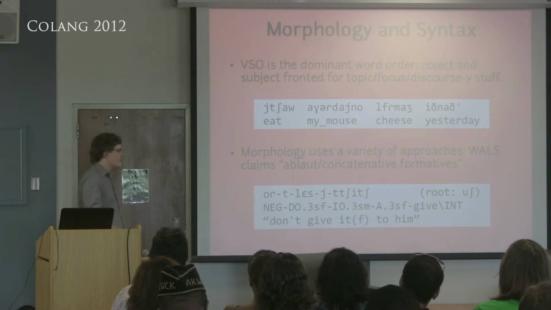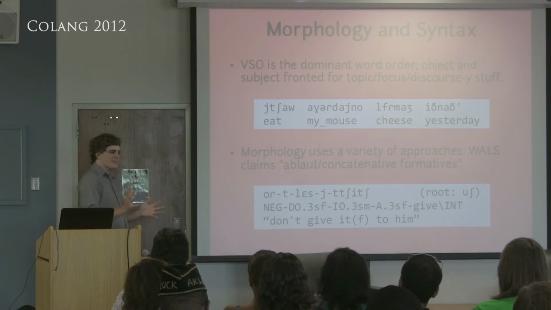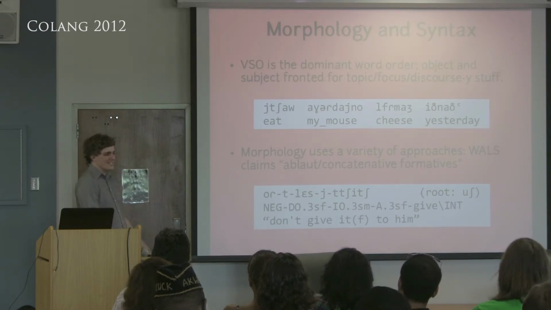Here, for classifying like isolating, fusional, that sort of thing, it's very middle ground. I don't know what my classmates will say about this, but I like what Wahls said, about concatenated formatives, which is kind of like, oh, what does that mean? But it's just saying it's in the Afro-Asiatic group, like the Semitic languages.